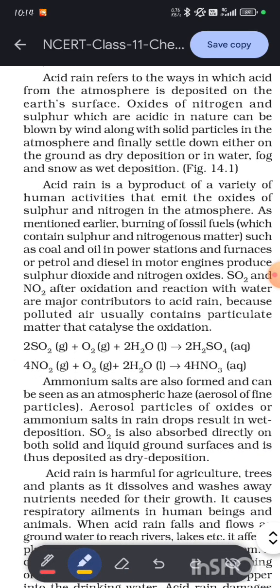Then the reaction is 2SO2 plus O2 plus 2H2O is equal to 2H2SO4.